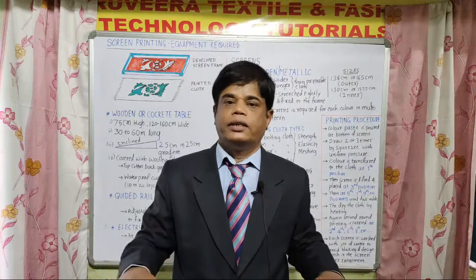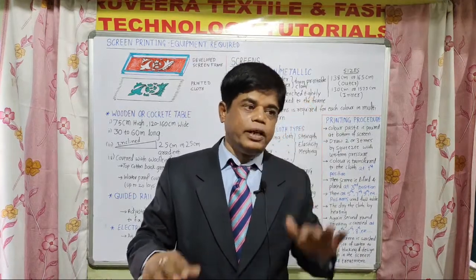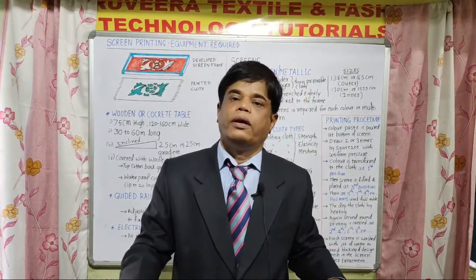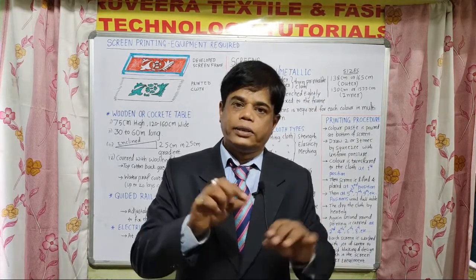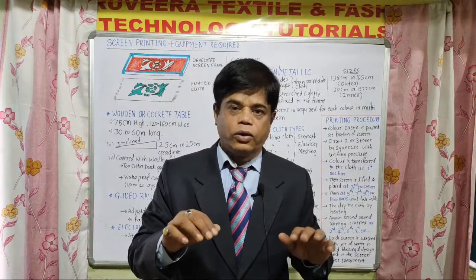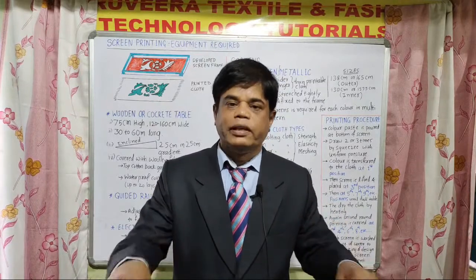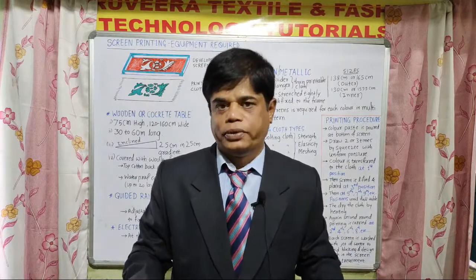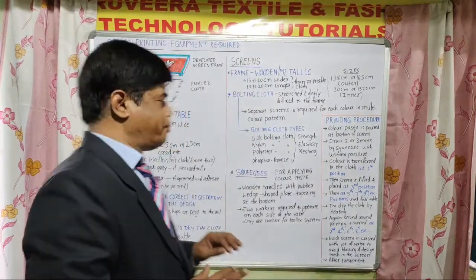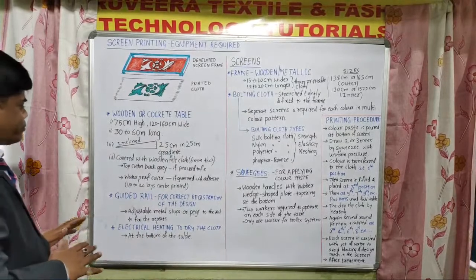Wherever the cloth is going to be gummed, a waterproof cover is used. If the printing cloth is not gummed, it is fixed by pins, and then gray cotton fabric is used. This is the preparation of the printing table.